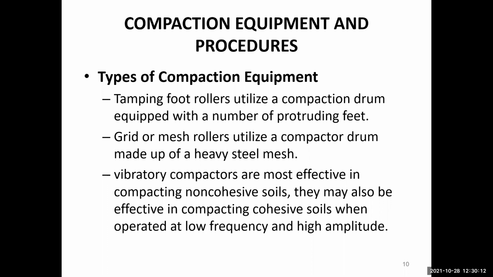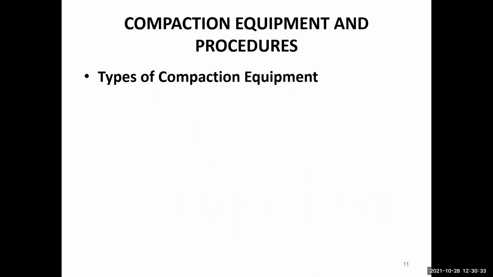Vibratory compactors, instead of providing only the weight from the steel drum, also provide vibrations. Those vibrations are helpful for non-cohesive soils such as sands, but in cohesive soils they can also be used at low frequency and high amplitude.